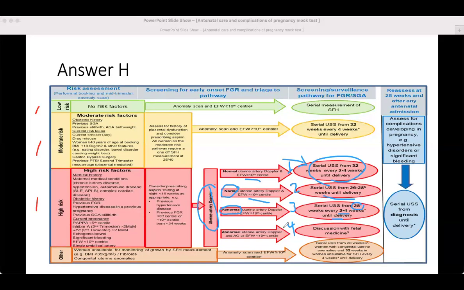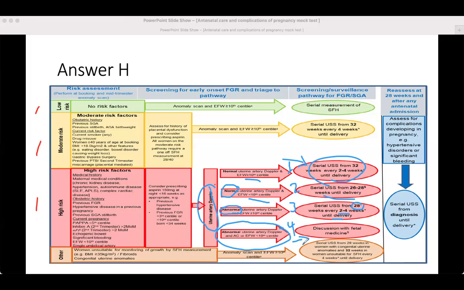So, my dear, can you please help me and tell me what is the diagnosis so far? The diagnosis now is fetal growth restriction because you have a small size baby with abnormal Doppler, right? So the answer in the algorithm shows you a discussion with the fetal medicine, right?